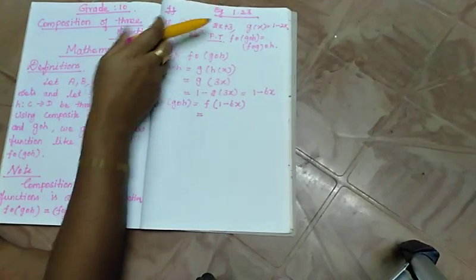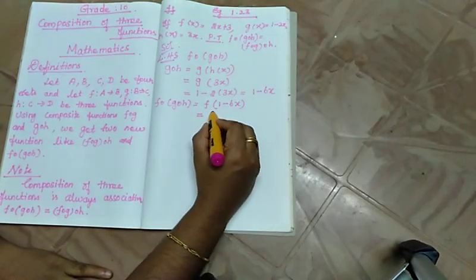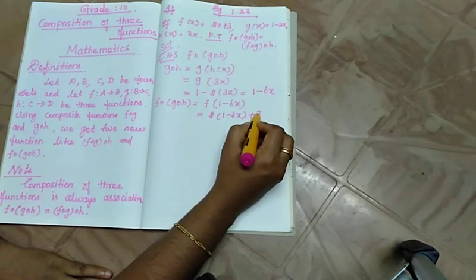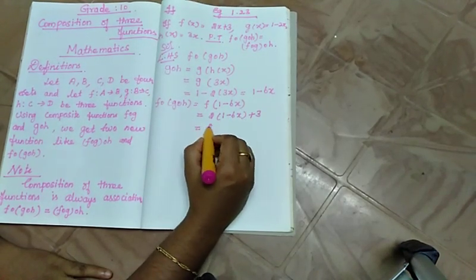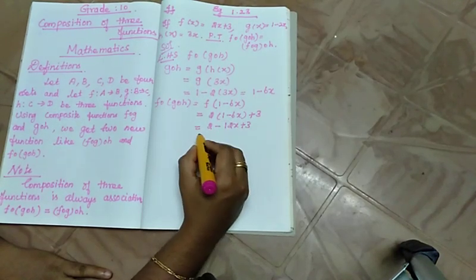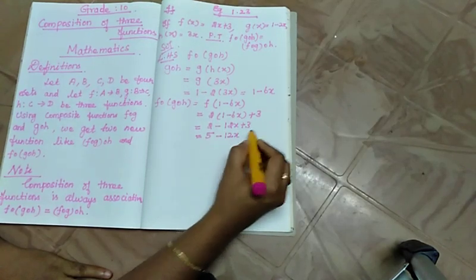In the place of x, you have to substitute this bracket value, isn't it? So what we will get? 2 into (1 minus 6x) plus 3, which is 2 minus 12x plus 3, which is equal to 2 plus 3, 5 minus 12x.